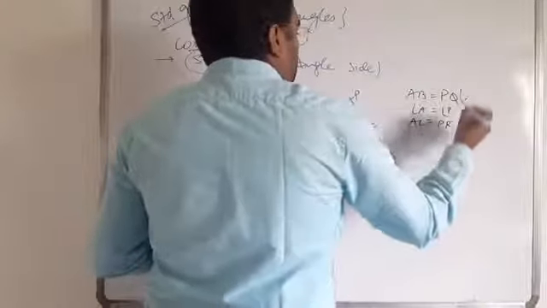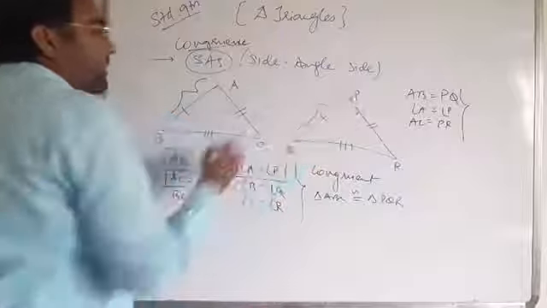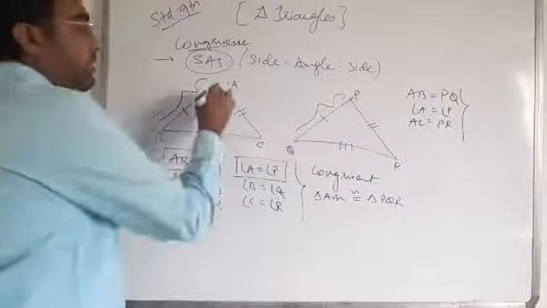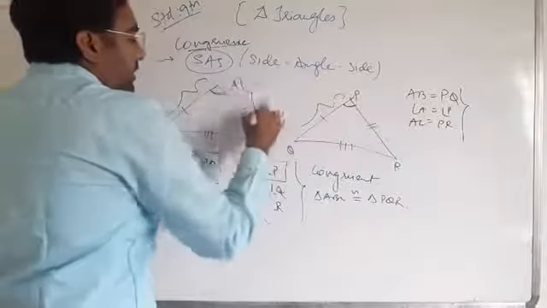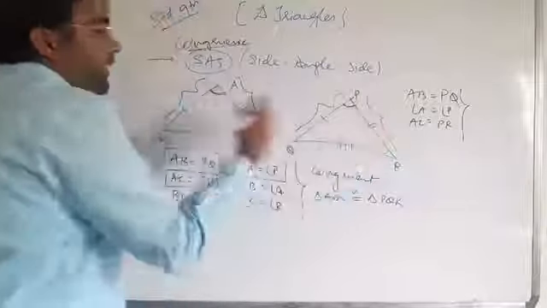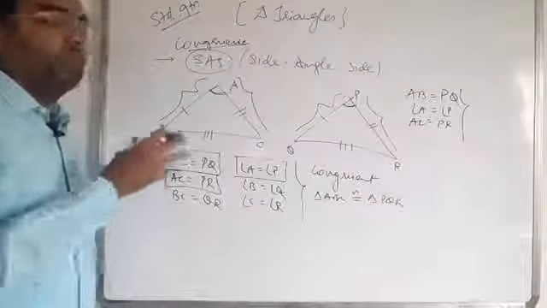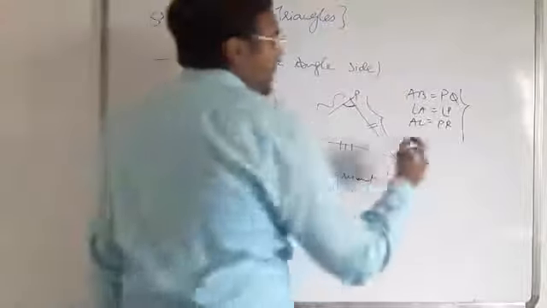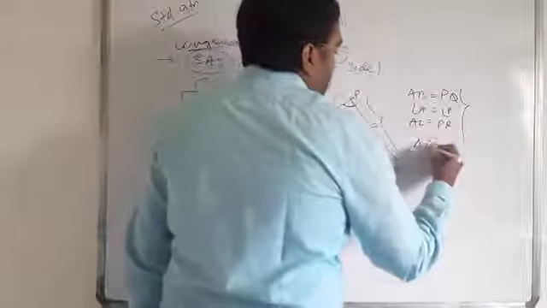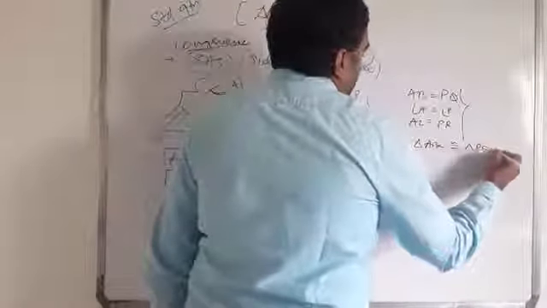So here one side of both triangles, one angle of both triangles, and another side of both triangles are equal. So we have to write that both triangles are congruent. Using this we say that triangle ABC is congruent to triangle PQR.